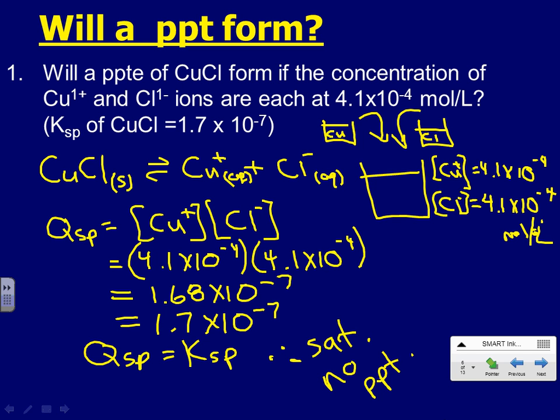Now again, that's the easiest of the easy. It's introducing you to the fact that we need the copper ions and the chloride ions so that we can find the QSP. Now we're going to make it look a little harder to find those ions in order to solve the problem.